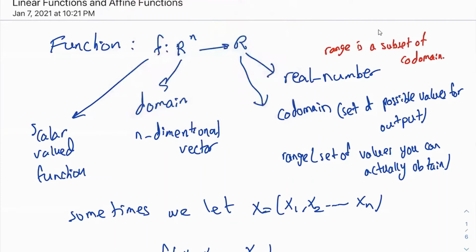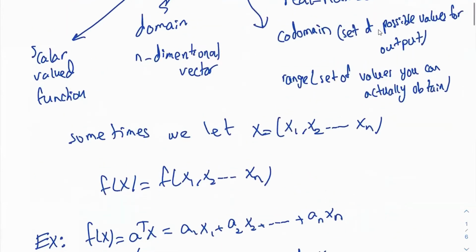Okay, so for example, take the angles around a circle. The range would be from 0 degrees all the way to 360, but the codomain can be like 900 degrees, 1000 degrees. So sometimes the range and the codomain are the same, but the range is always a subset of the codomain. Here, this R is the actual codomain. Okay, good. Just a little technicality.